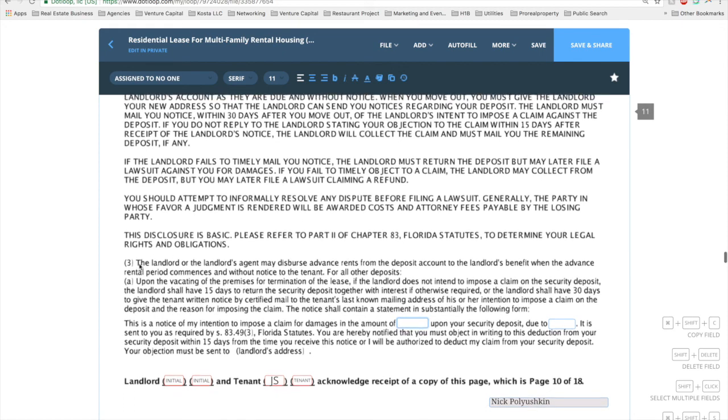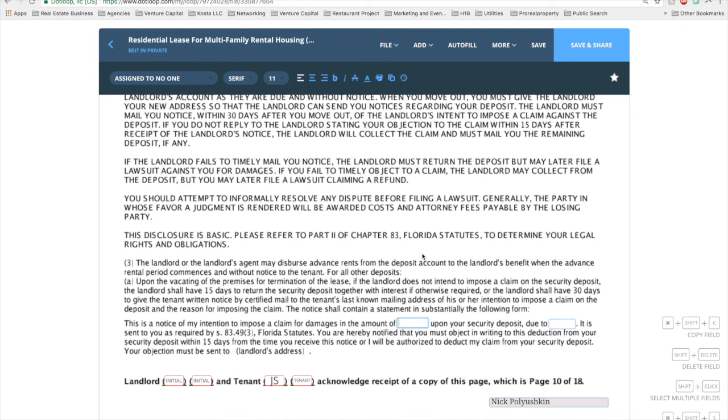So basically this is an example in case there are damages after the tenant vacated the premises. If the landlord is not charging any additional amount or anything from the security deposit, the landlord needs to return the security deposit within 15 days to the tenants.